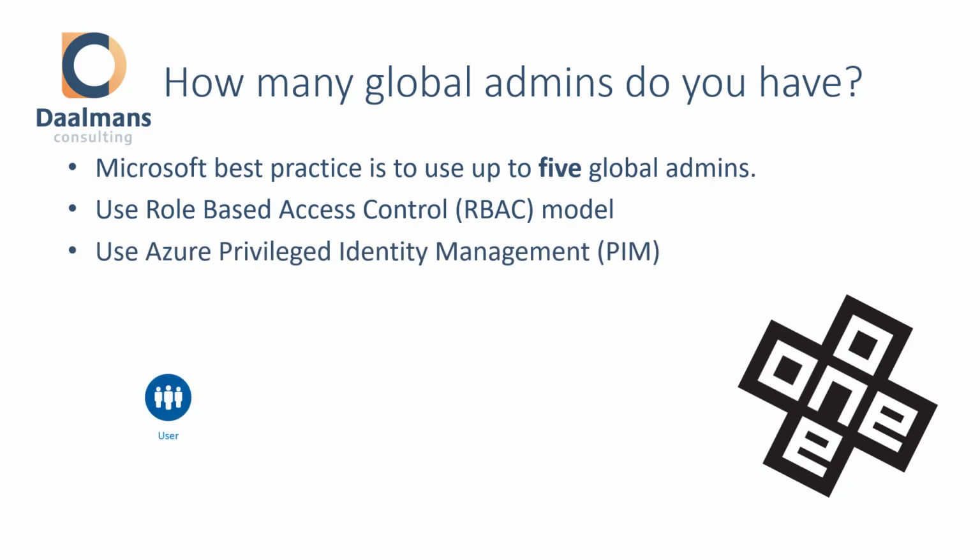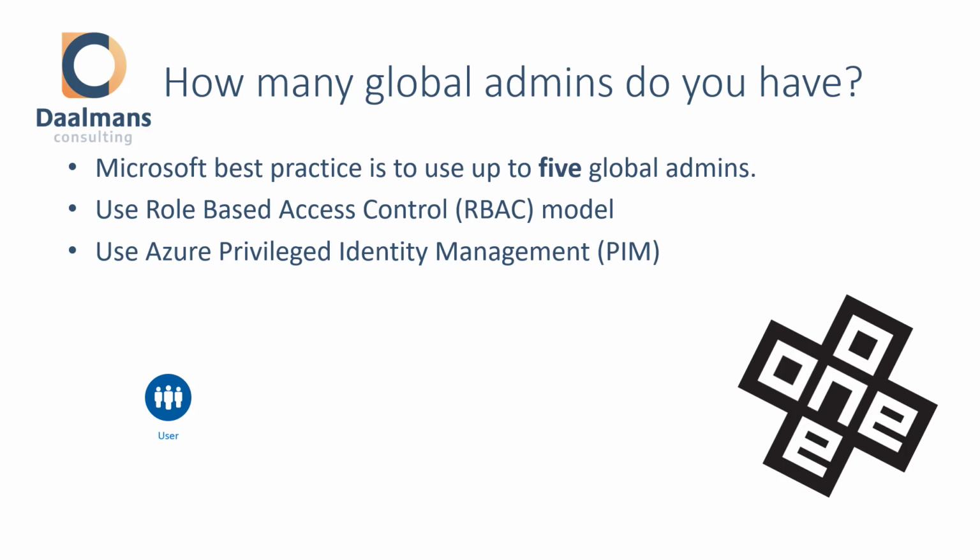If you have a Microsoft 365 E5 license, then you might want to look into Azure AD Privileged Identity Management, aka PIM. With Azure AD Privileged Identity Management, you're able to get global admin permissions, or maybe Exchange Service admin permissions just when you need them.